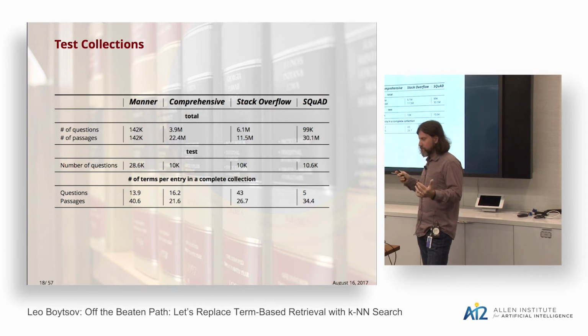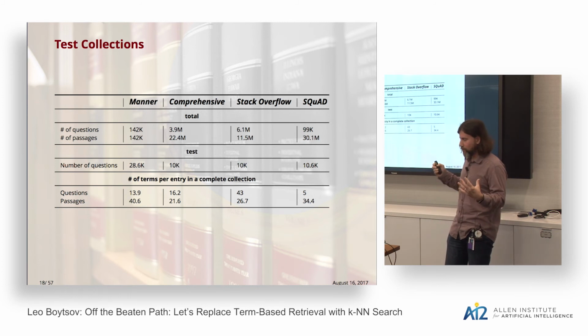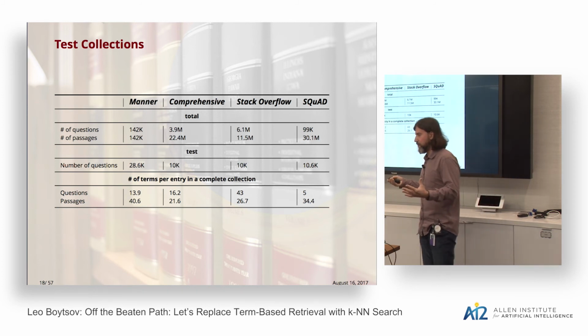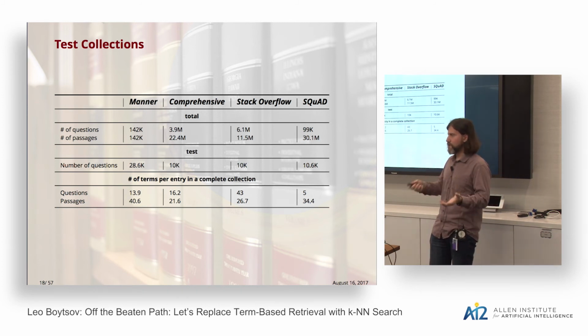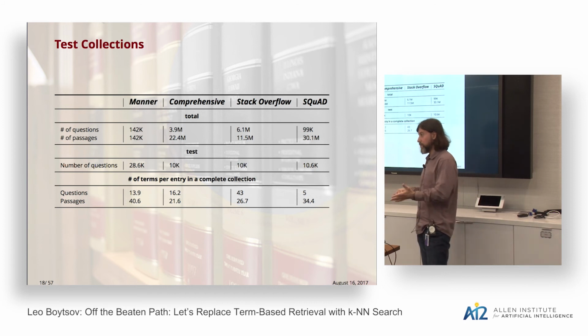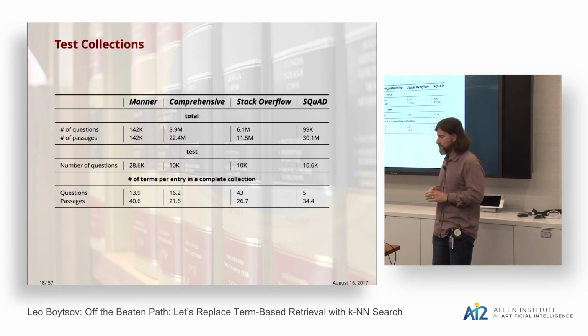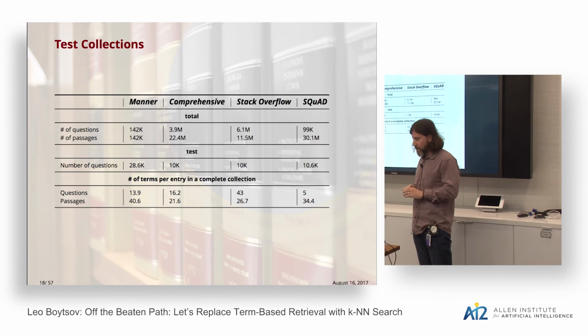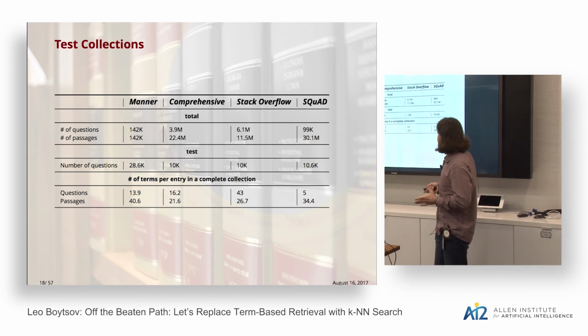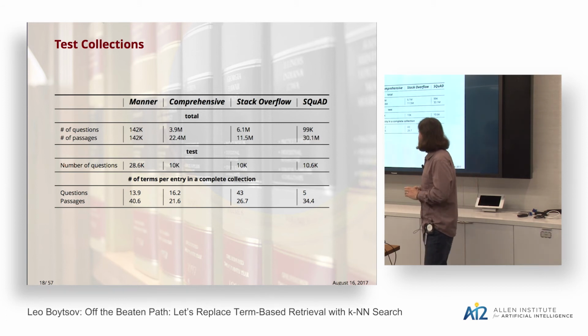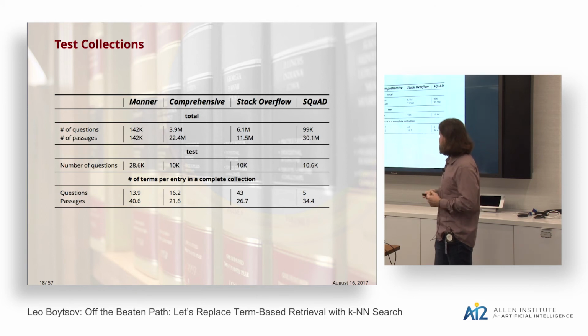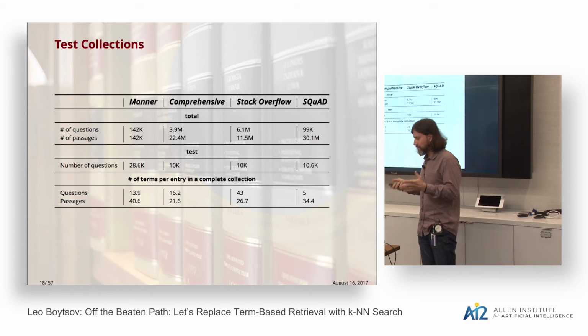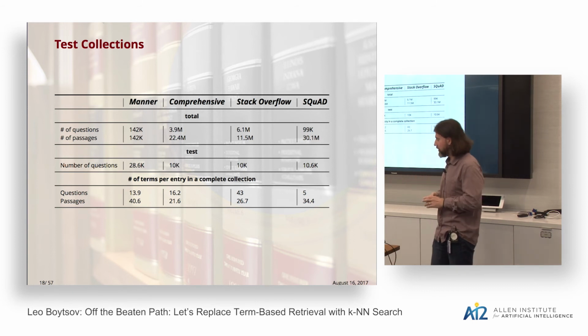The set of passages used for the original Squad collection is actually quite small, and we expand this set by adding basically all the remaining Wikipedia passages, for which we don't have any questions and answers. So you can see that all collections except Manner are sizable. They have a large number of questions and a large number of passages, at least 10 million.